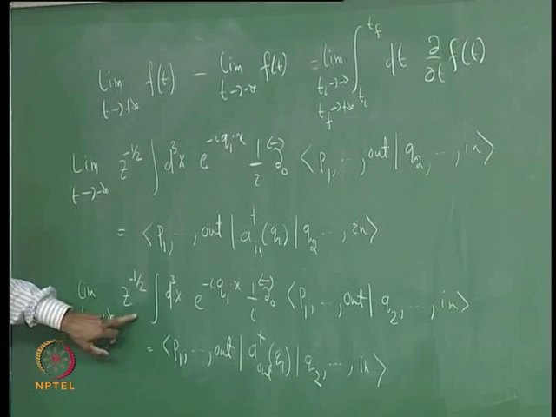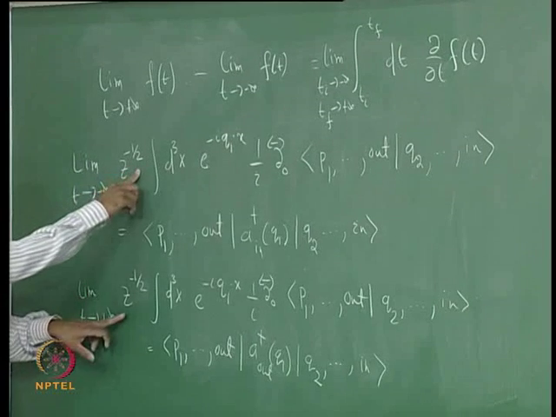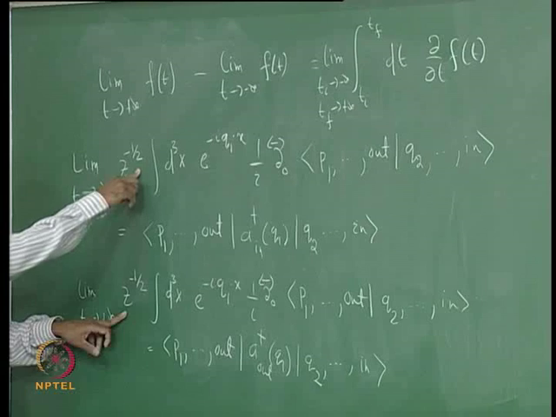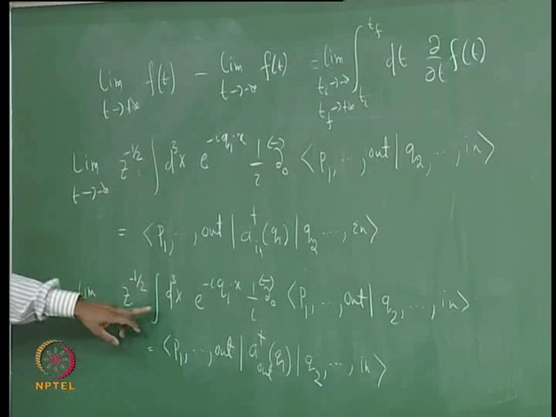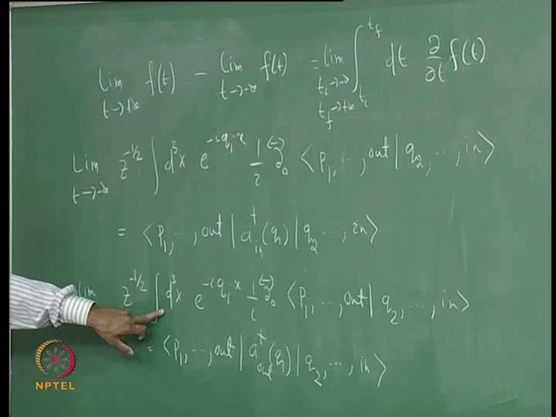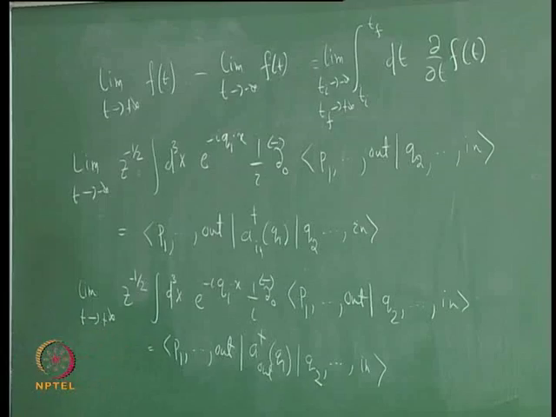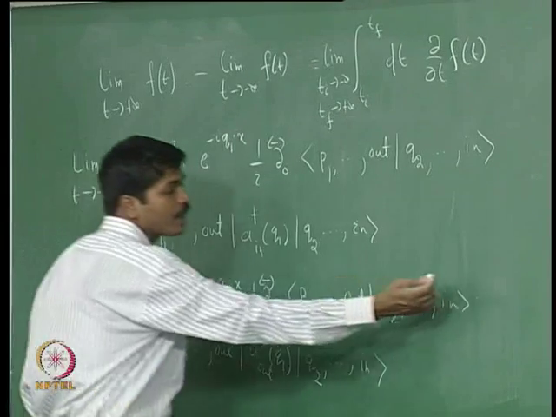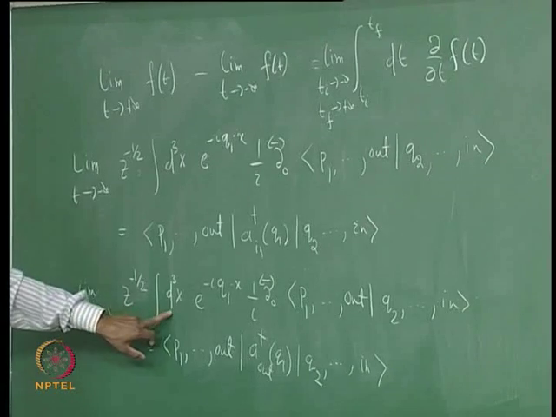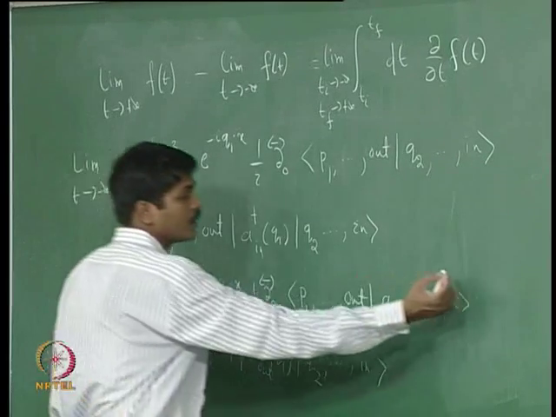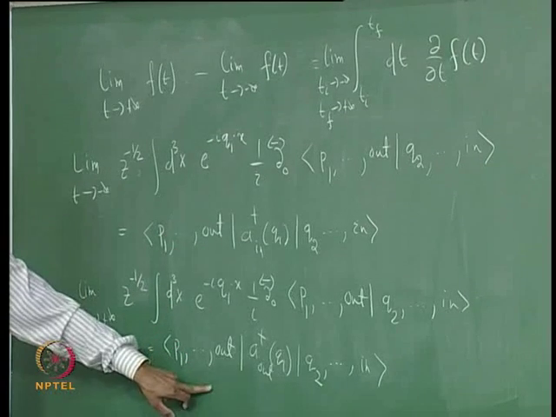But now, if I subtract this term from this term, this limit just goes away. What I get here is an integration over d4x of the time derivative of this whole quantity, which is just the difference of these two terms.